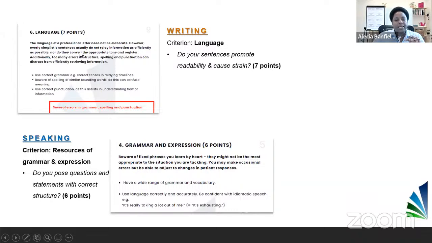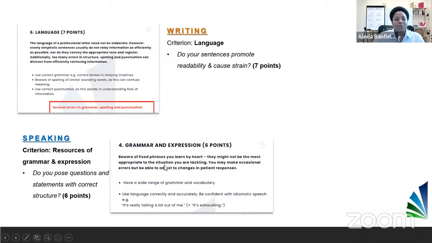However, if it's too simplistic, it usually does not relay information as efficiently as possible, nor convey the appropriate tone and register. Additionally, too many errors in structure, spelling, and punctuation can distract from efficiently retrieving information. With writing, again, it is criterion number 4, grammar and expression, and again, high points. So you do have to be very aware.